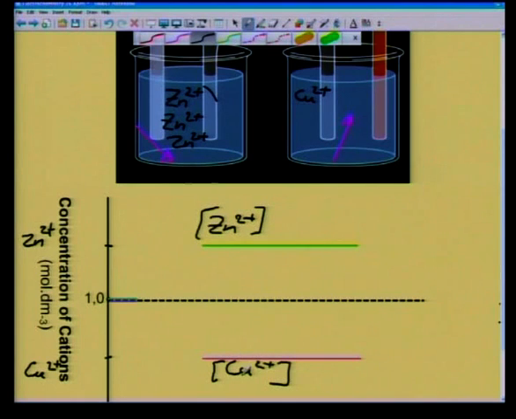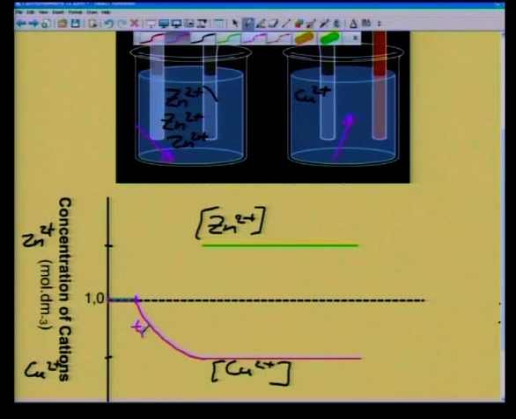What happens over the time? Over the time, with the copper ions, we see them getting less and less, taken out of the solution.